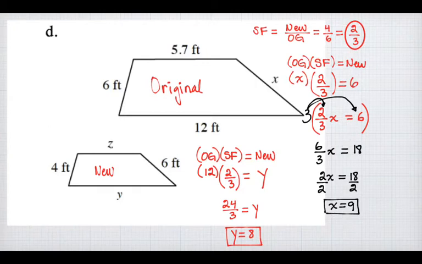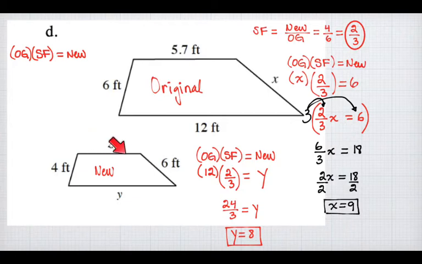So far, so good? Yes. Okay. Now we got to determine the value of z. And I'm going to do that over here, and I'm going to use the exact same formula: original times scale factor equals new. So we're trying to determine side z.